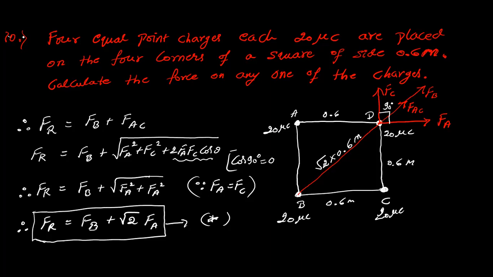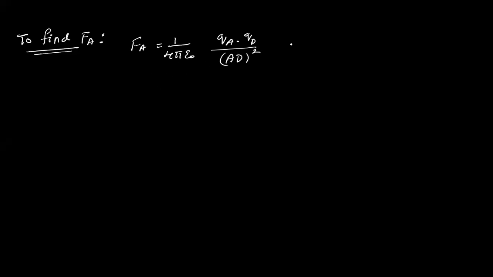Yes, let's do that. To find FA: FA is equal to 1 by 4 pi epsilon naught times QA and QD, both the same, divided by AD square, the distance. So it is 9 into 10 power 9, into 20 into 10 power minus 6, and 20 into 10 power minus 6, whole divided by AD square, each side 0.6 meter, whole square.